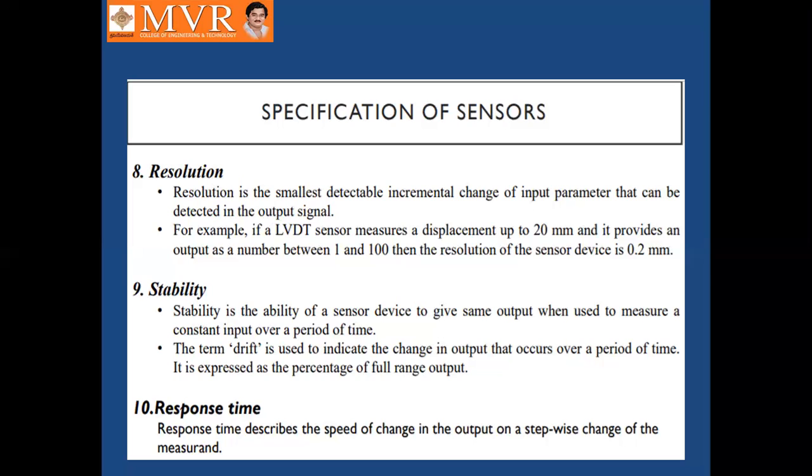If I give a 1 degree centigrade change in input to the sensor, how much time does it take to respond and give output as 1 degree centigrade? How much time it takes to avoid delay, you can call it response time.